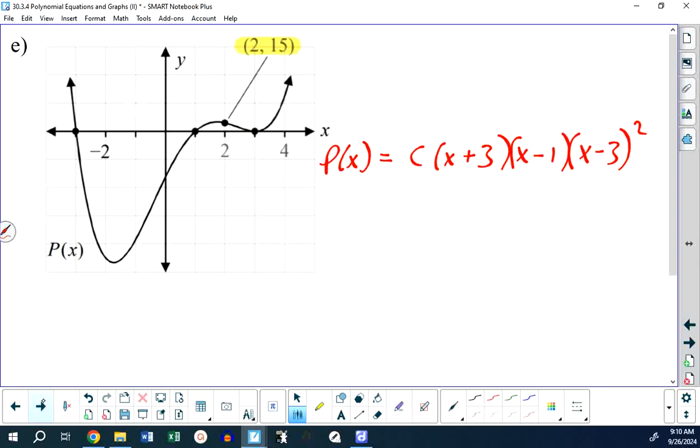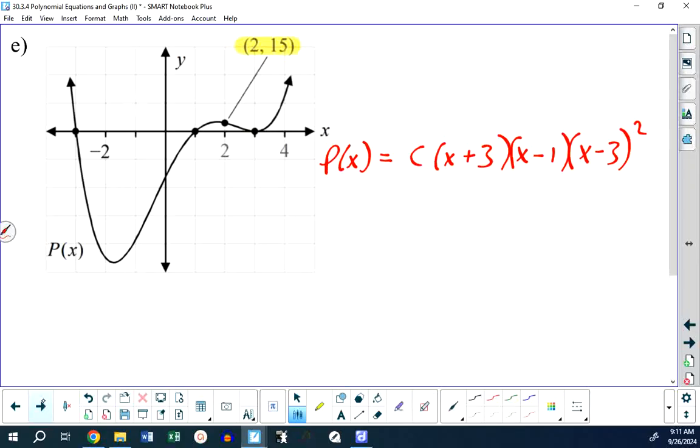So this isn't a case of saying, well, if I multiply out the constant terms, I'm going to get negative 27. Let's see if the y-intercept is negative 27. And if it isn't, let's find out what we have to multiply negative 27 by to get it, because you can't see the y-intercept.